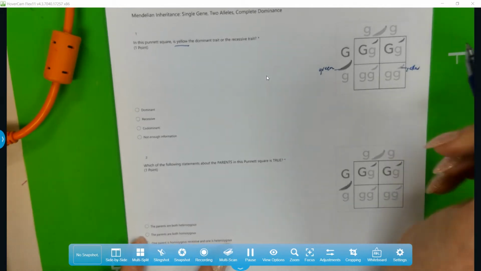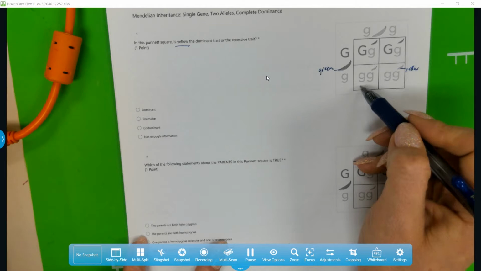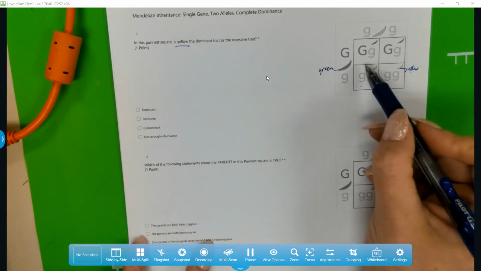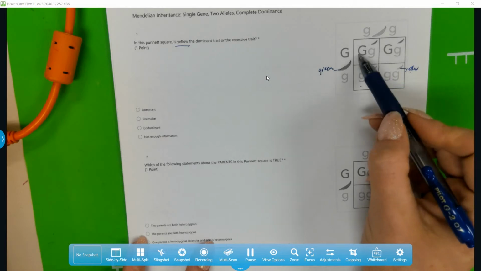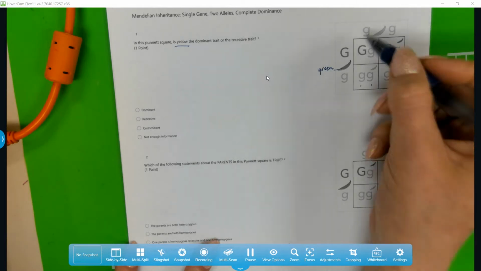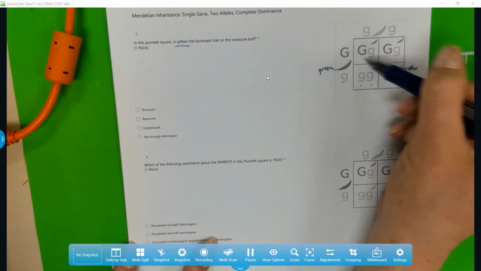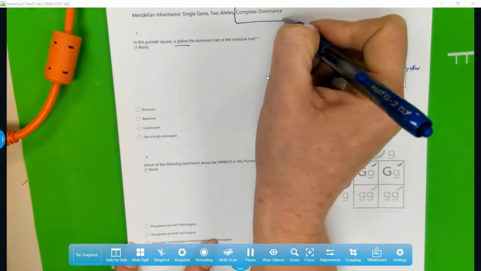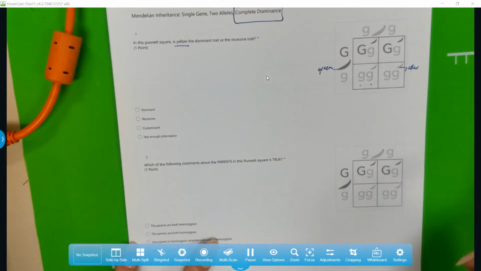What we see here is that the ones that have 2 lowercase letters are yellow, and the ones that have an uppercase letter and a lowercase letter are green. So whatever trait the heterozygous individual has is the dominant trait if we're talking about complete dominance. And as I mentioned, the first page of questions is all just complete dominance, dominant and recessive.